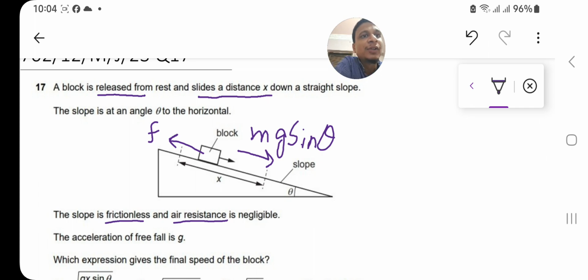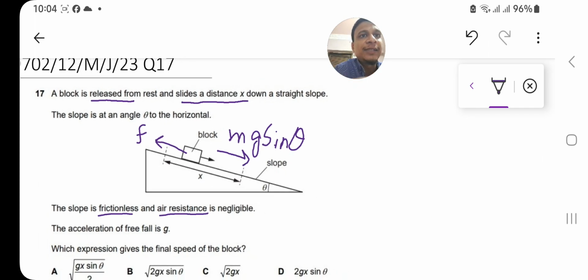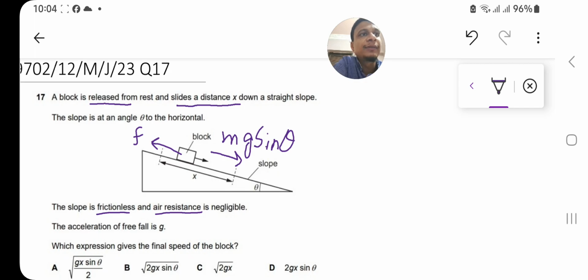In the inclined plane we have the resultant force, which is always some unbalanced force, because when the mg sine theta component is subtracted by the friction, whatever force is left, by that force it will move downward.